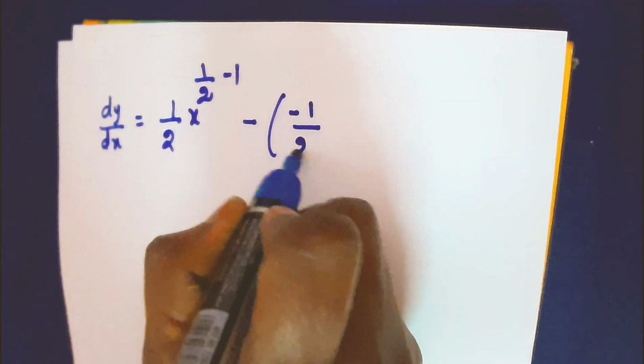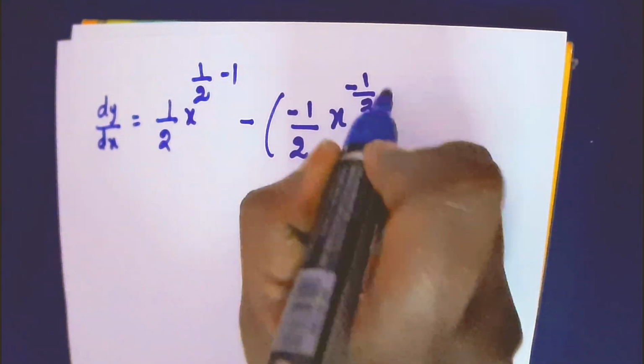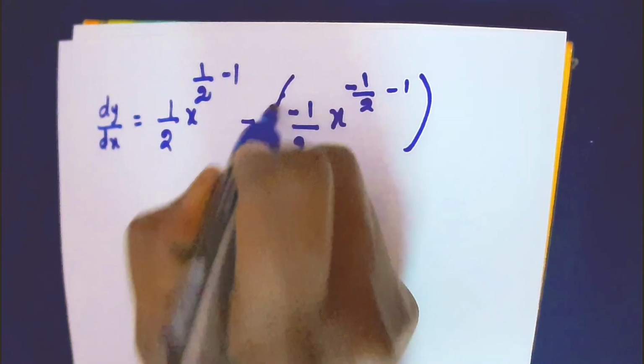So far what we got: dy by dx, I'll write it again here. Half into x to the power half minus 1, minus, put it in a bracket, minus half into x to the power minus half minus 1.